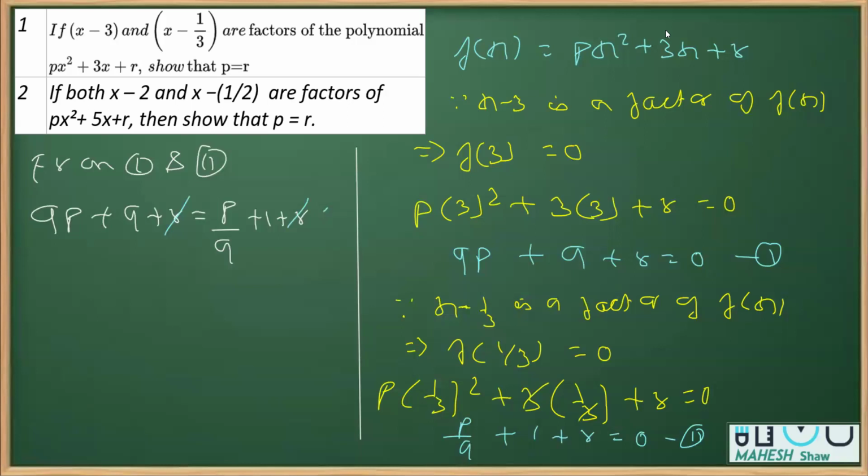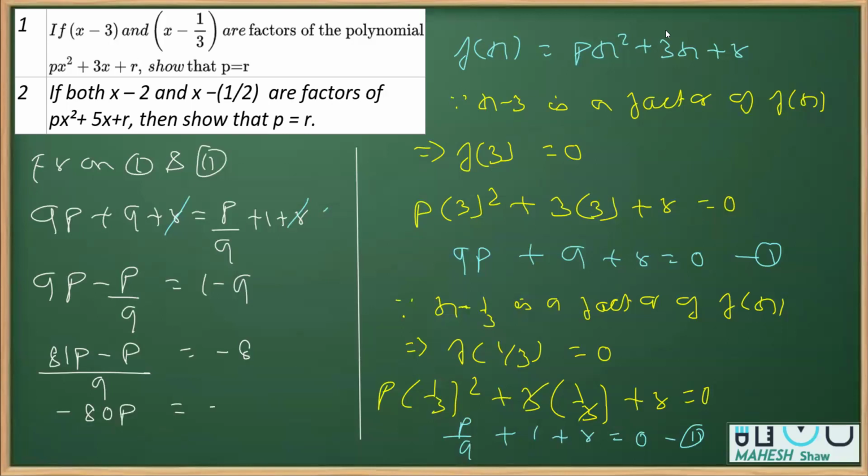This will give us the value of p. So I am transposing: 9p minus p over 9 should be equal to 1 minus 9. Taking LCM, it will be 81p minus p over 9 should give you minus 8. So 81 minus 1 is 80, that is 80p over 9, and if I transpose 9 to the other side, it is minus 8 into 9.